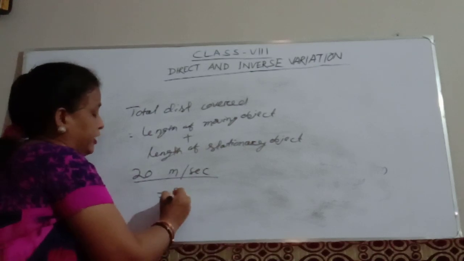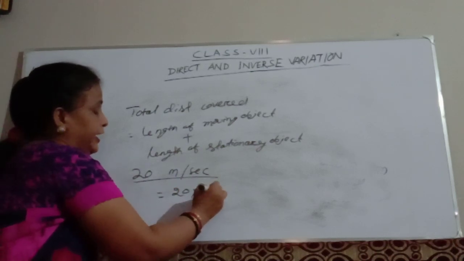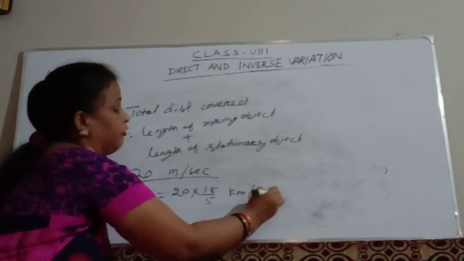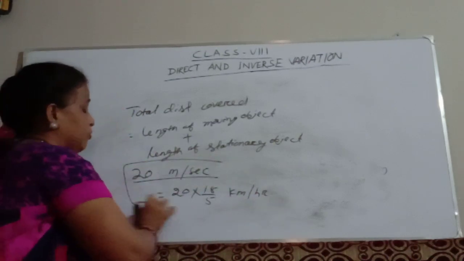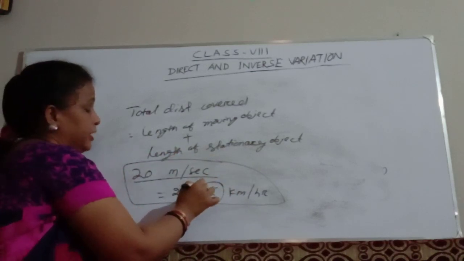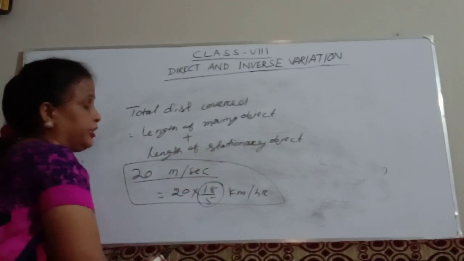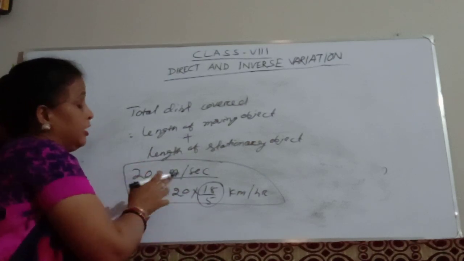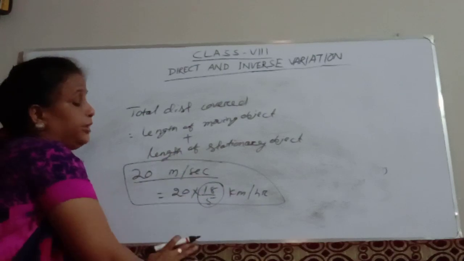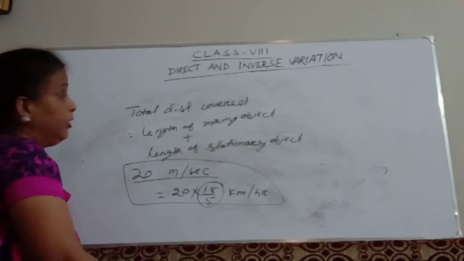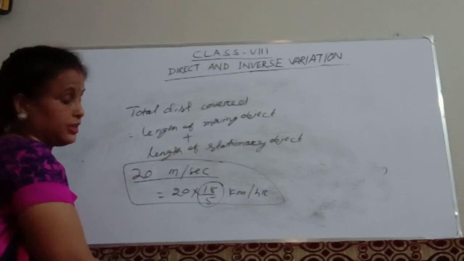In this case, 20 multiplied by 18 by 5 is converted to kilometer per hour. This is the formula. You just have to remember what number should be multiplied to convert into kilometer per hour, and what number should be multiplied to convert into meter per second. This is very important, and I hope everybody understands this concept.